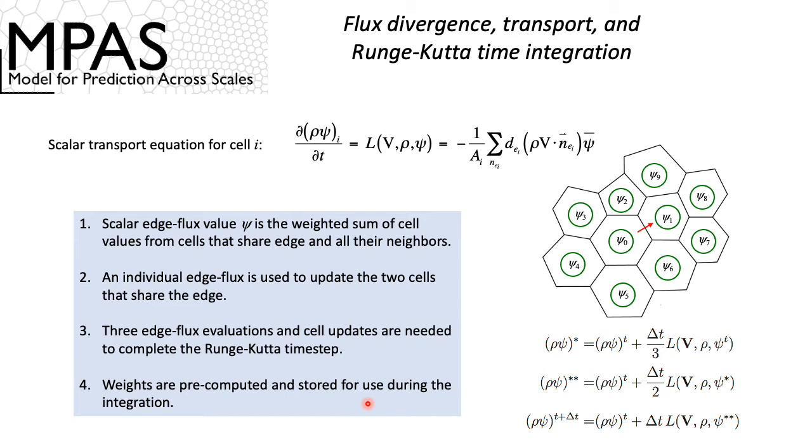We can store off the weights beforehand. We don't need to know the mixing ratios before we apply it. So hence, it's quite efficient. So that's how we integrate in space and time our flux divergence operators for transport of scalars.